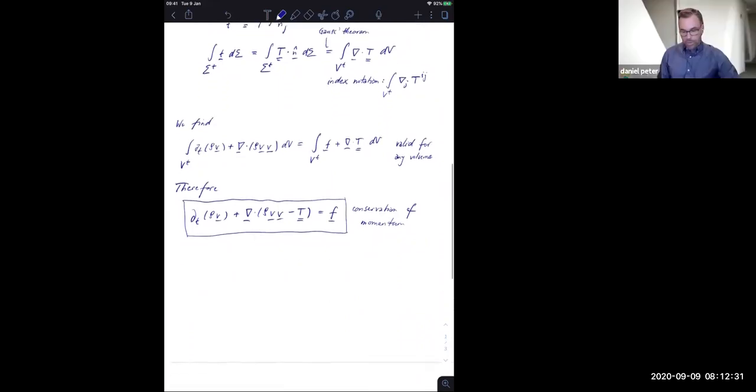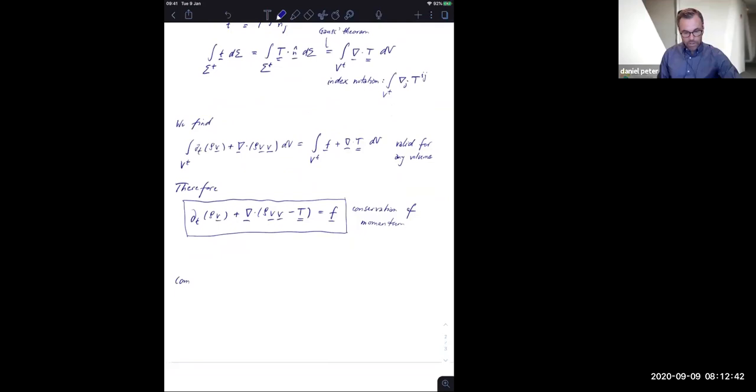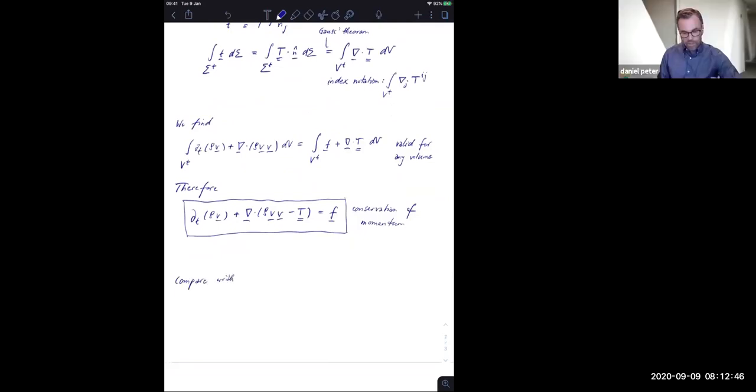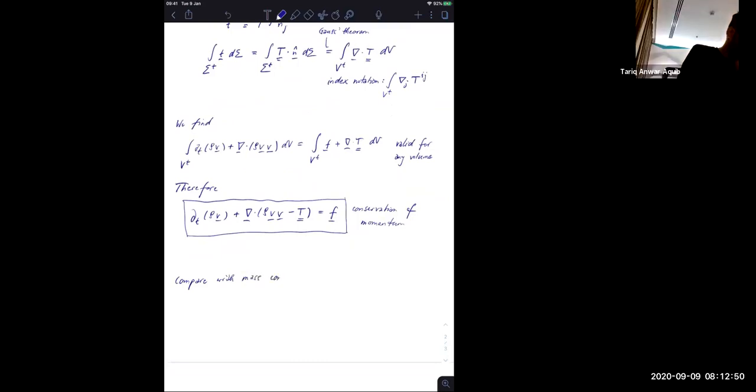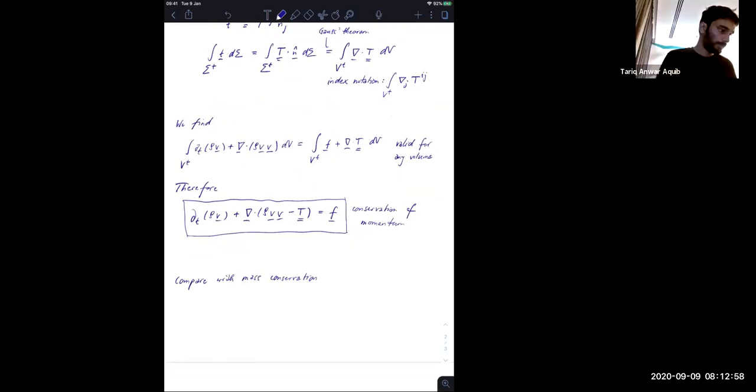Good. Let's quickly compare with the mass conservation that we saw last week. So just a little excursion, compare with mass conservation. Last week we saw that the conservation of mass leads to the continuity equation.